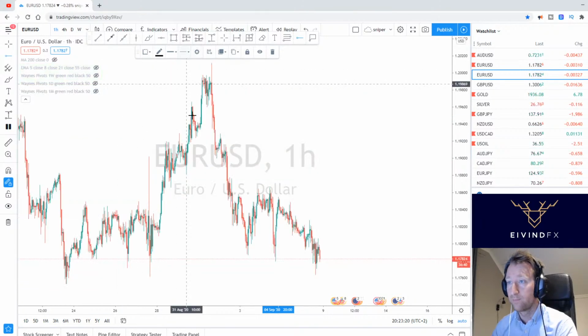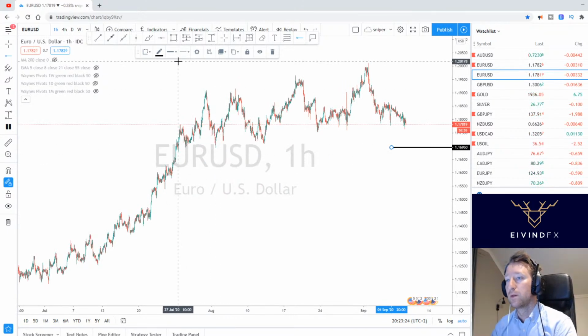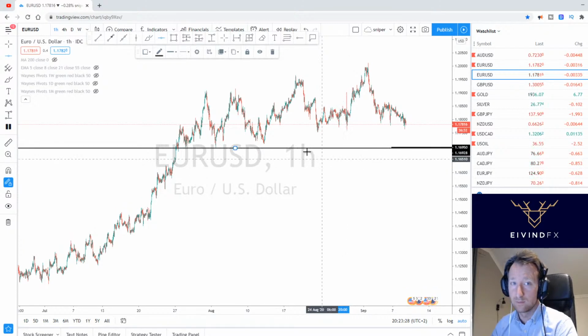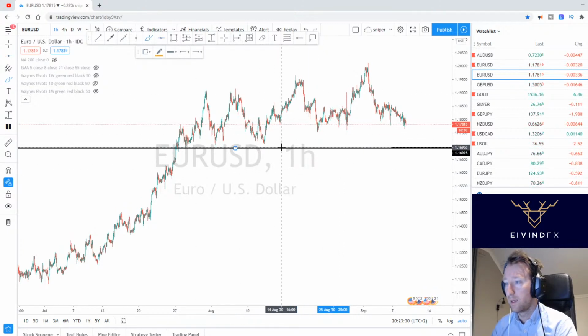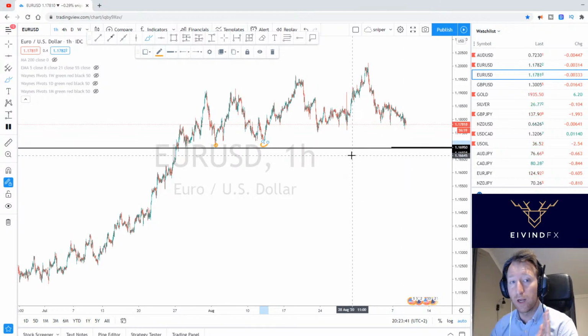You know what I mean? This is going to be the buy zone. And just touching it just like that. So I don't know if it's going to be 1700 or 1680, but that's what I'm waiting for.